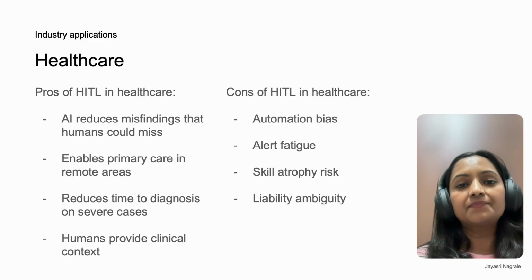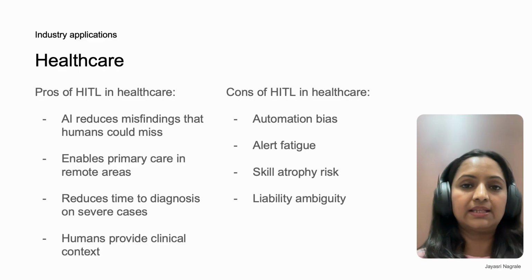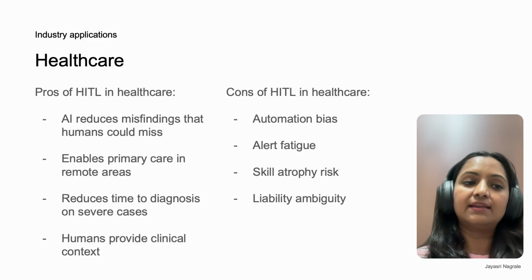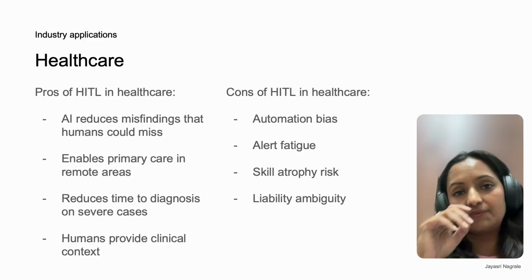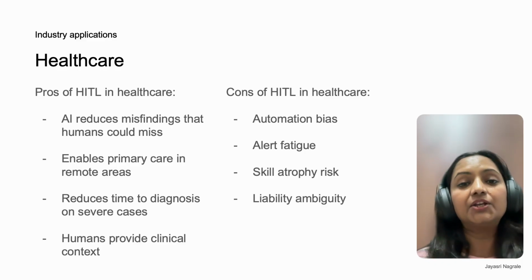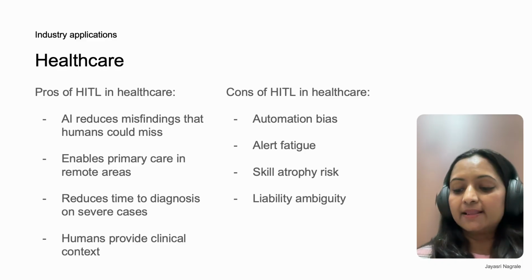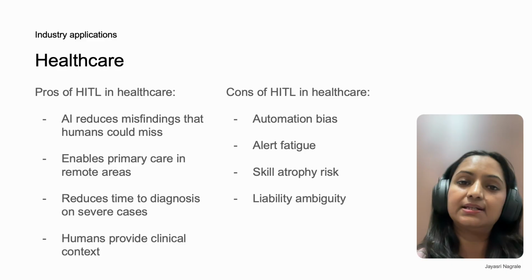So at that point, there could be a slight atrophy in the skill of the doctors, where they might lose touch with how to handle the regular cases. So there can be a little bit of skill atrophy, and we need to care and we need to design for that.